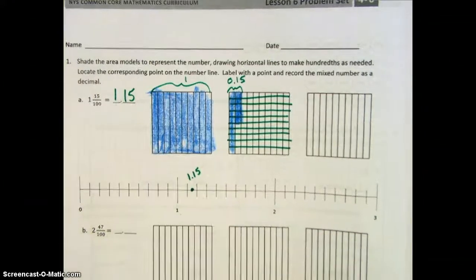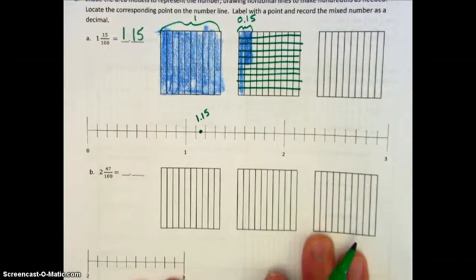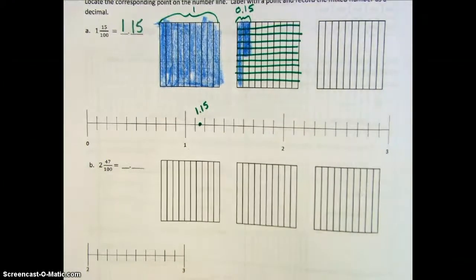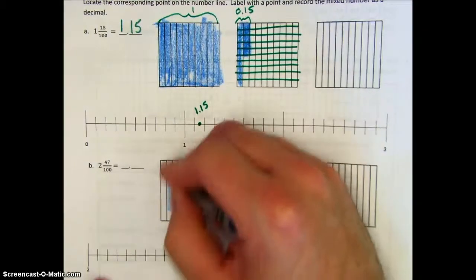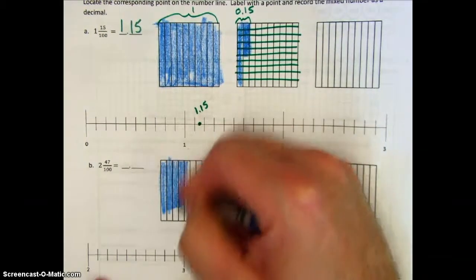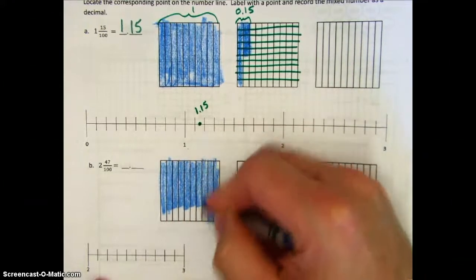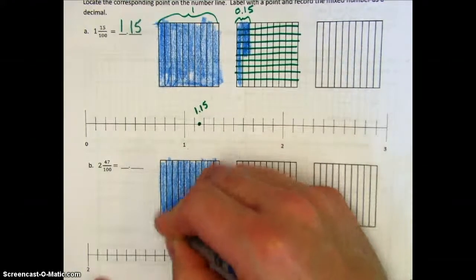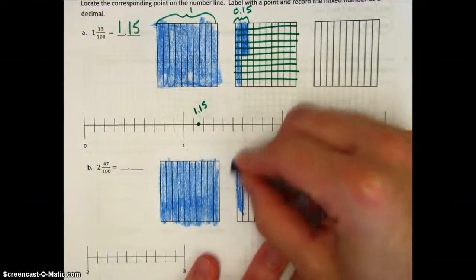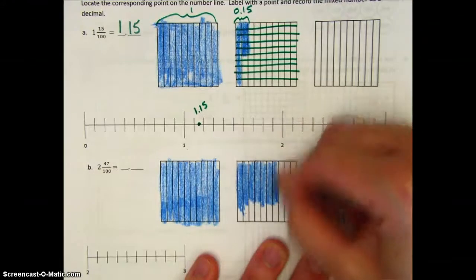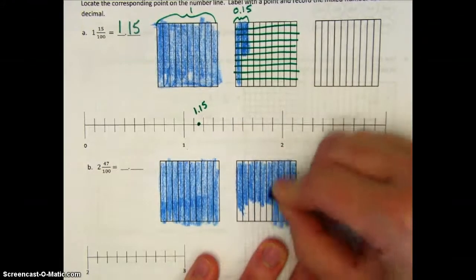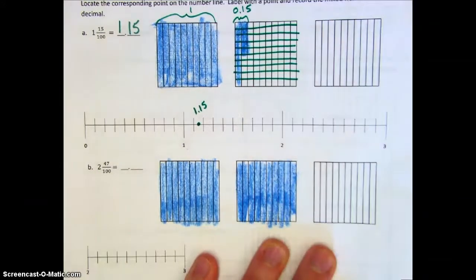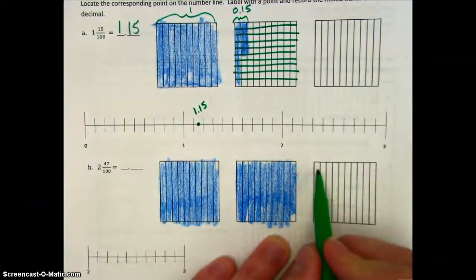Okay? So let's take a look at another one. So now we have 2 and 47 hundredths. So again, using our crayon or pencil, we can shade in our 2 ones. Okay, and now again we need to create hundredths.